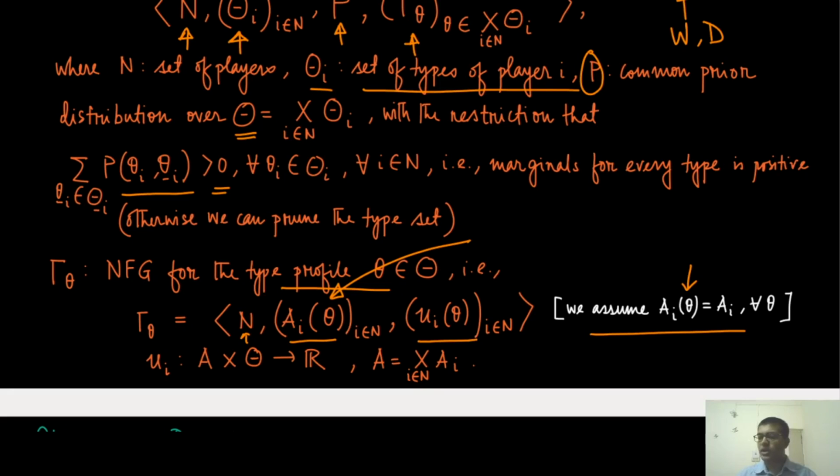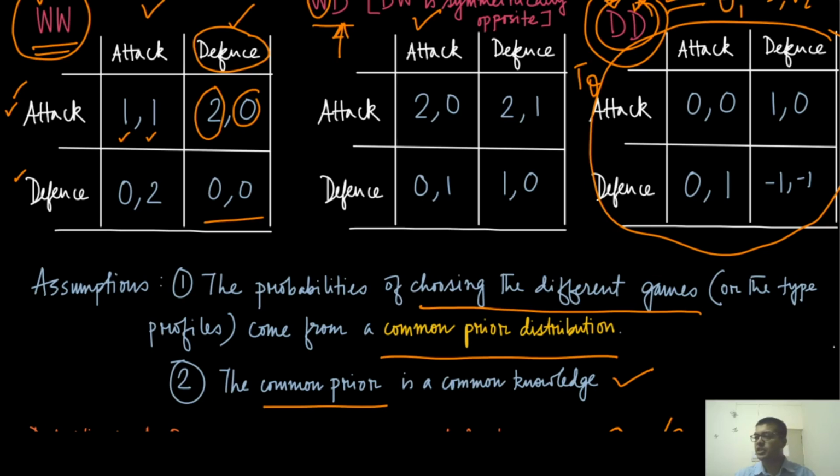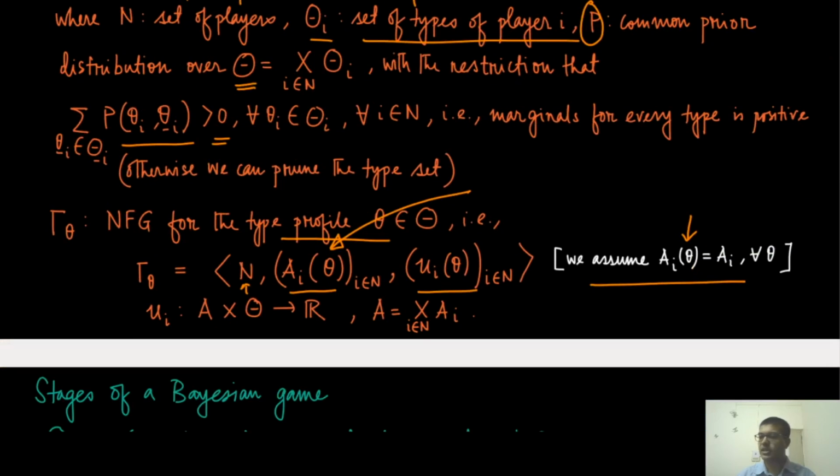So the last one here is the utility functions. We have seen that in the previous example, the utility. So this is the u_i. So u_1 of theta, and this is given by the action profile that both are attacking. So this is the utility, and that is represented by this element in this tuple.